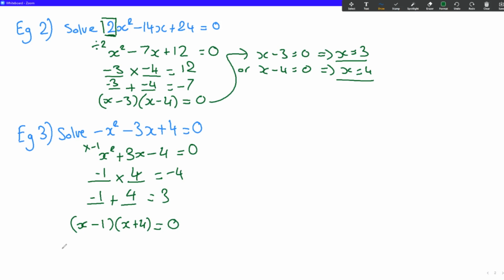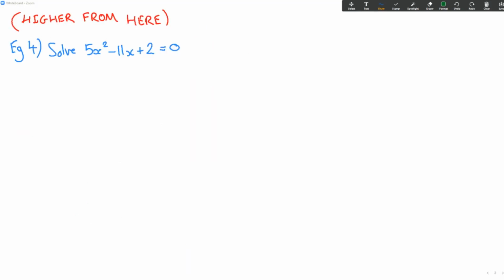And then after that we get x minus 1 equals 0, or x plus 4 equals 0. In other words, x equals 1 or x equals minus 4. So those are our two answers.